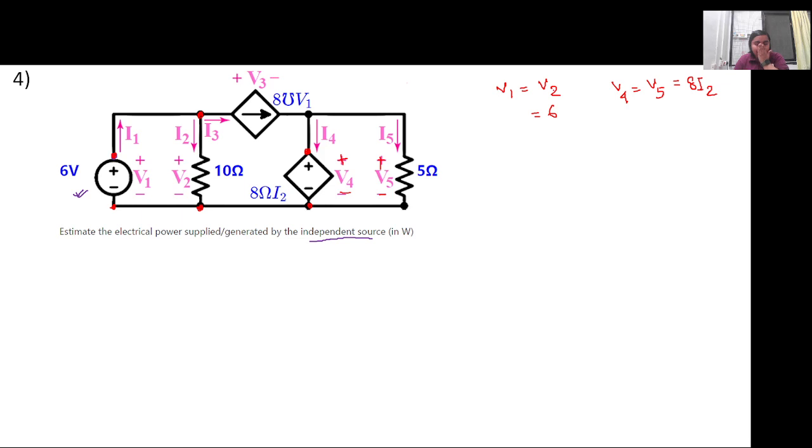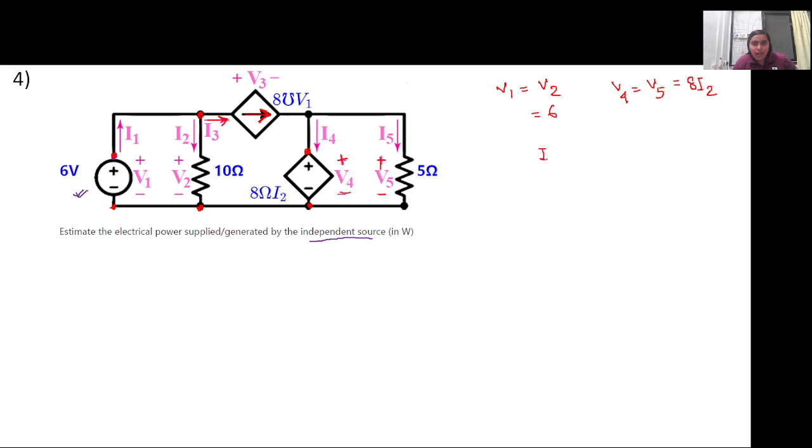Now we have to calculate V3, V4 and V5. So for that, let's first calculate I3, right? The current that is flowing across this particular branch. Here this I3 current is also flowing across this branch, the same current.